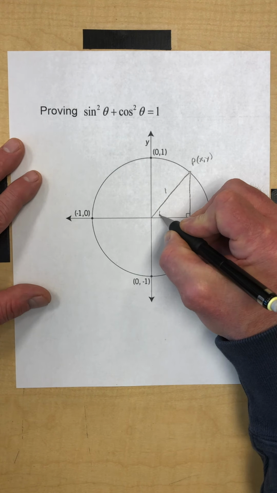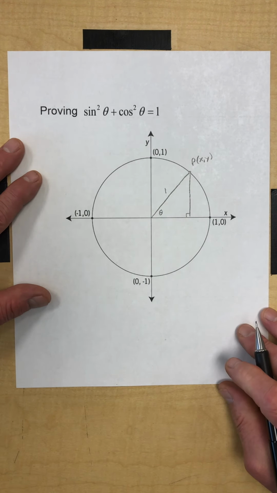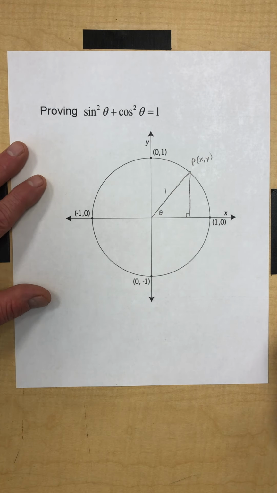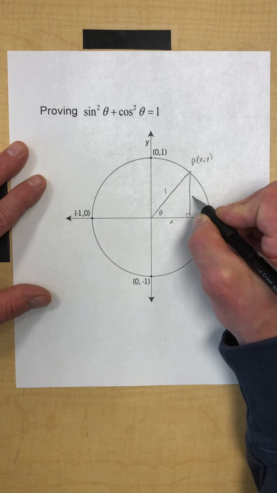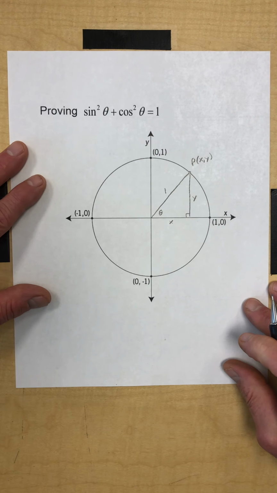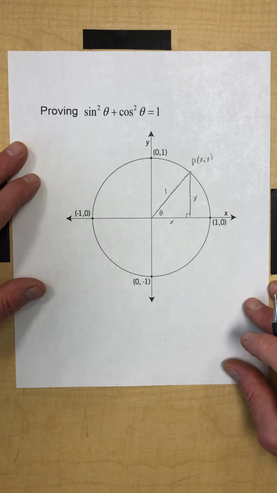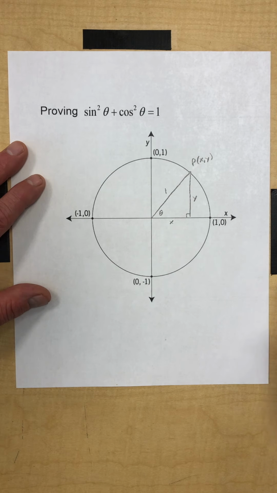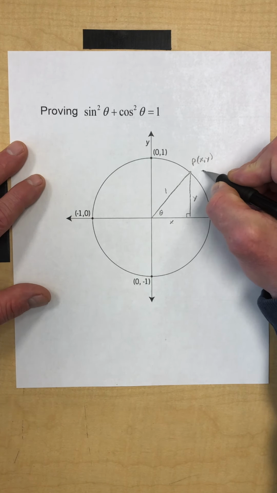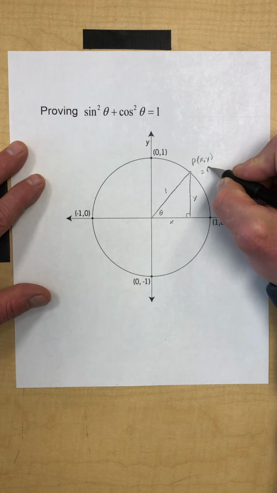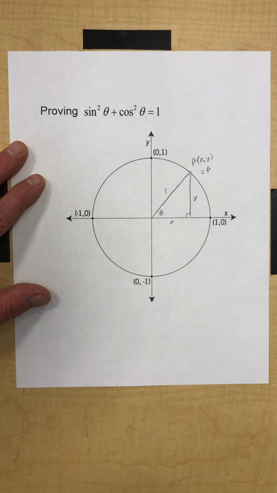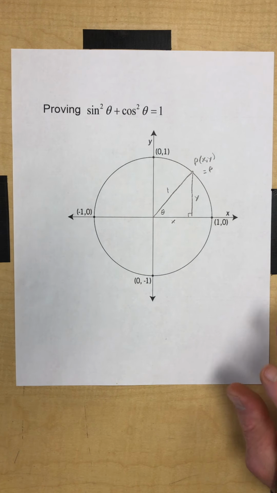I've got my theta in here, my angle of rotation, and we have our x here, whatever it is, and our y here, whatever it is. Well, we're on the unit circle, so I know that every point on that unit circle has coordinates cosine theta, sine theta.